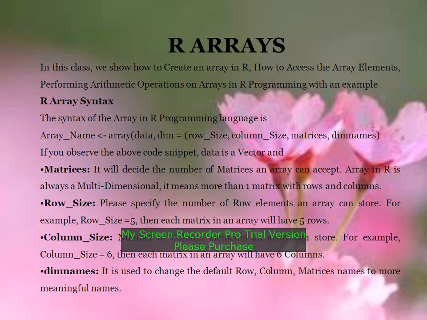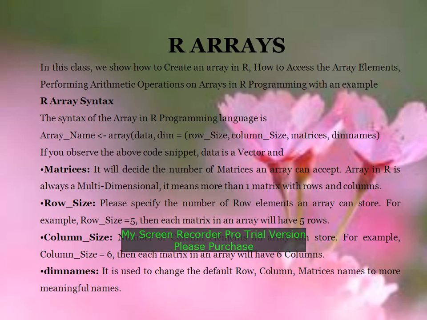Coming to the array syntax. The syntax of an array in R programming language is as you can see here: the array name, assigned the array of data which we want to pass if it is static, comma, dim equal to row size, comma, column size, comma, matrices, comma, dimension names. If it is matrices, then you can specify the row names and column names.